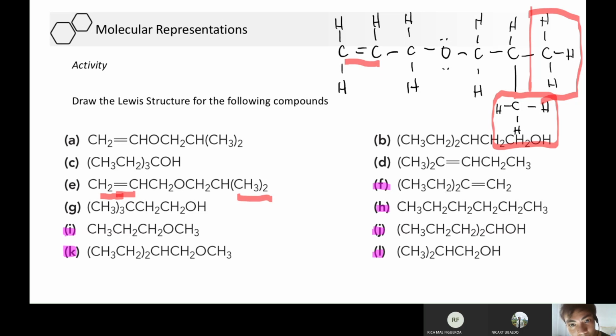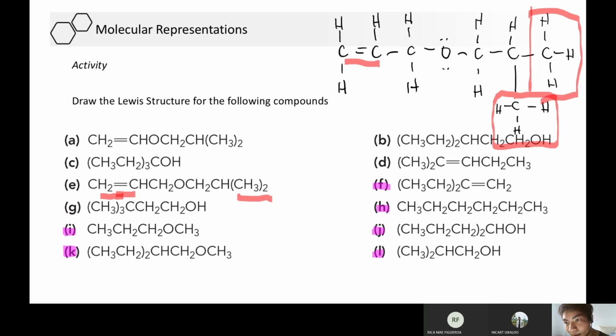Si Rika, CH3, CH2, CH3, CH2, C, tama, F, H, tama naman, I, tama, J, CH3, CH3, CH3, CH3, so tama yung J. Sa K, CH3, CH2, CH3, CH2, dalawa, CH, CH2, CH, so tama yung K. CH3, CH3, CH, CH, okay, so tama na.